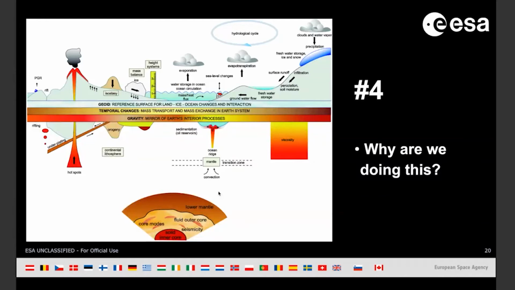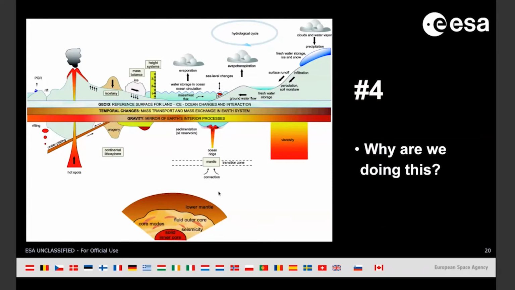we all know that the gravity is a reflection of the mass distribution inside of the planet, and so it means that the gravity field, as such, is a mirror of all the interior processes that go on inside of the planet. You know, from the core to the mantle, but certainly also in the crust. And so understanding the gravity field means that you have a way to look inside of the planet.